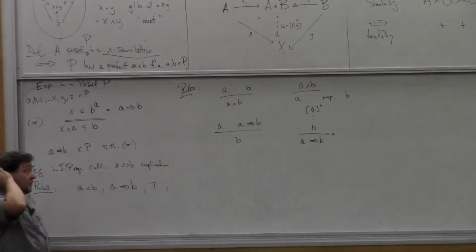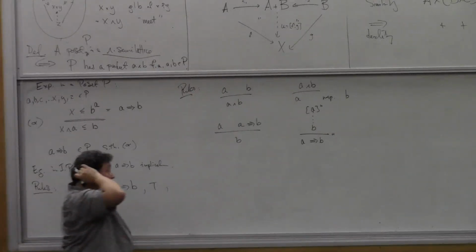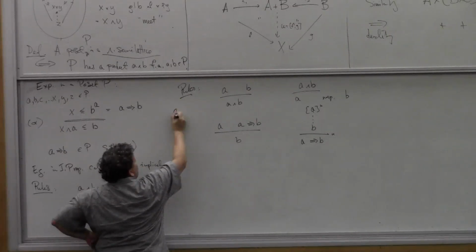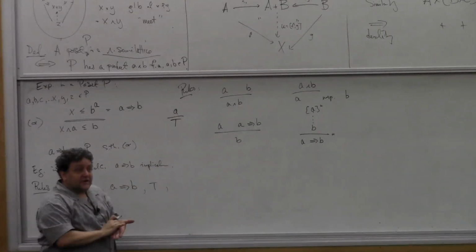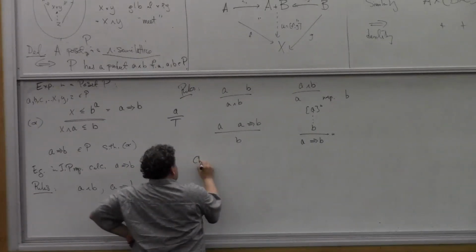So that's a kind of abbreviated or typical natural deduction setup for that fragment of propositional logic. Since we have true in there, we might as well allow ourselves to infer true from anything or from nothing at all.